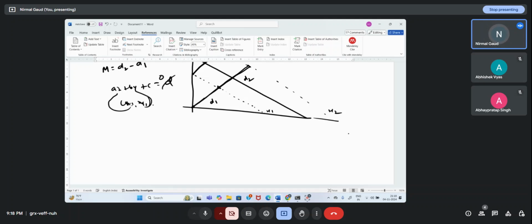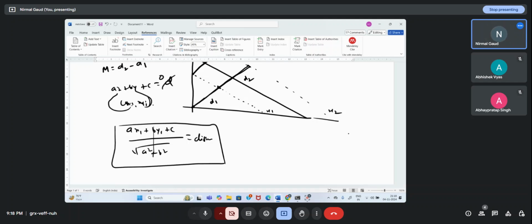So a x1 plus b y1 plus c divided by under root of a square plus b square. This is the distance formula of a point over a line, if I drop a perpendicular.